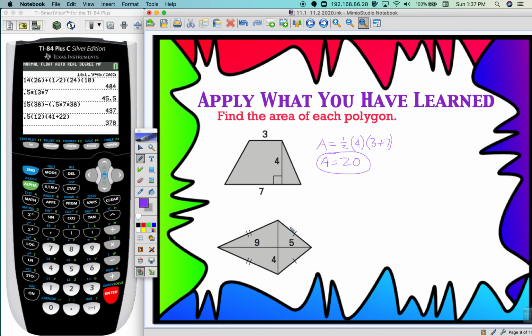This shape is a kite, so the formula is 1/2 of one diagonal, 9 plus 5 is where I'm getting 14, times the other one. And remember, the properties from last chapter are going to come in handy where you know both of those are 4.